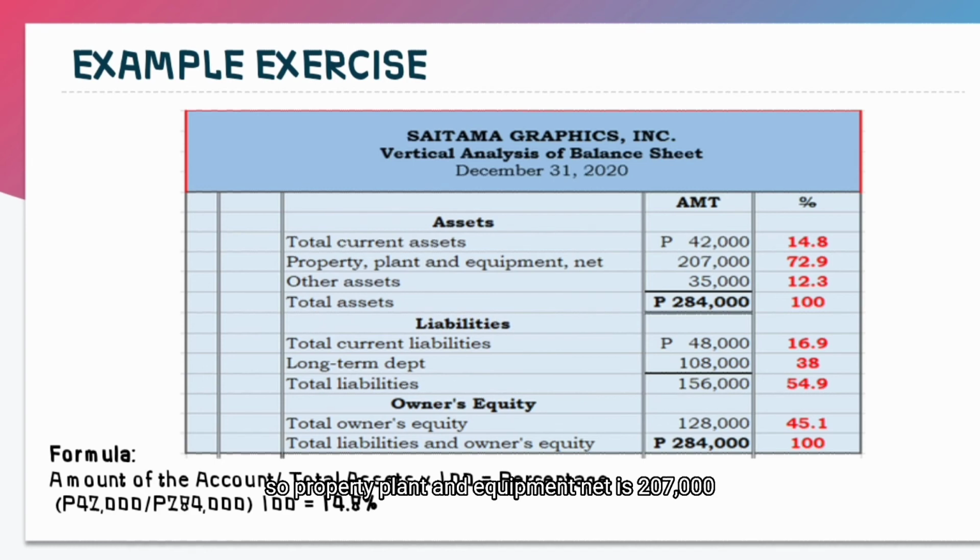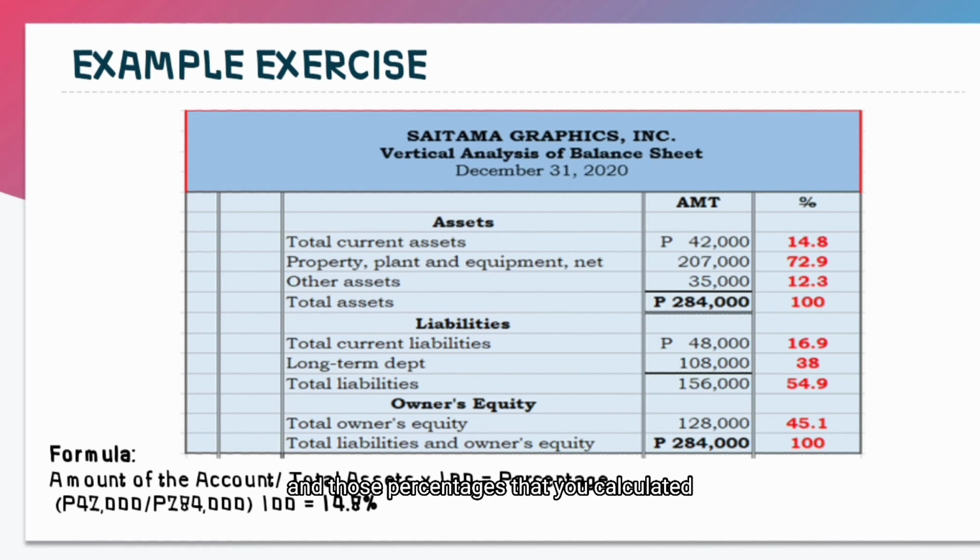So, property, plant, and equipment net is 207,000 divided by 284,000 total asset, which we find is 72.9% of the total assets. And in other assets, 35,000 divided by 284,000, we find 12.3%.